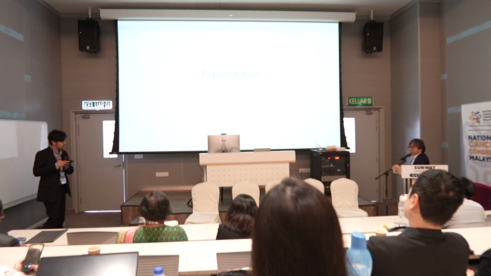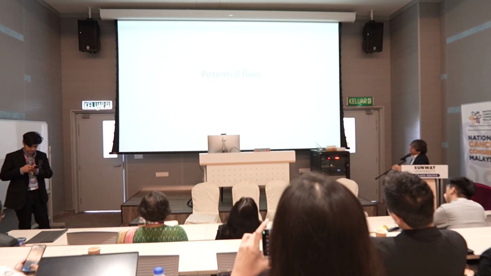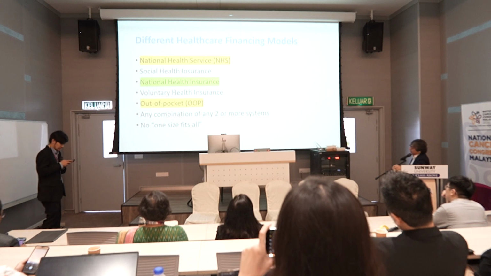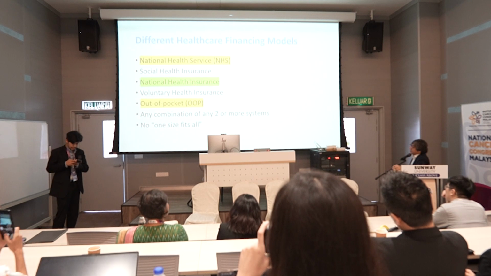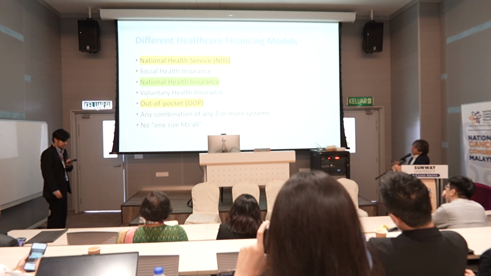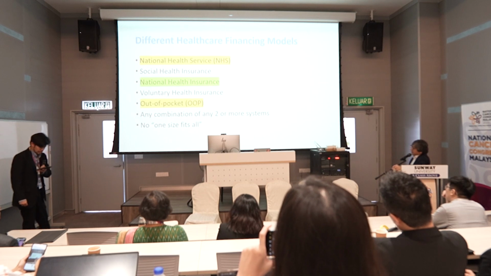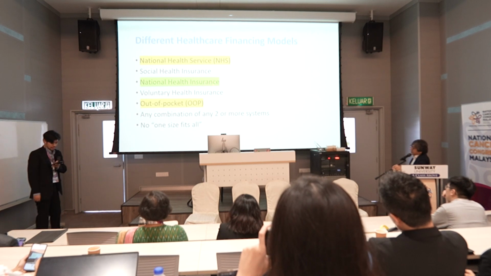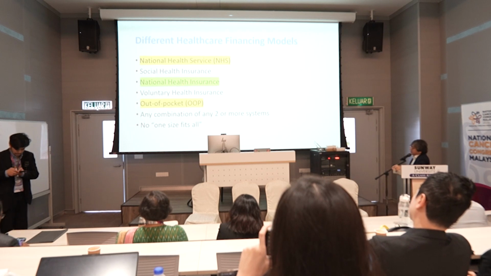So, some potential fixes may not be immediate, but they may help. So, first of all, instead of relying on NHS entirely and out of pocket, I would say having another system brought in, which is the National Health Insurance model.